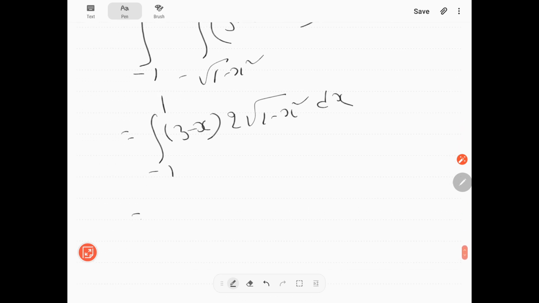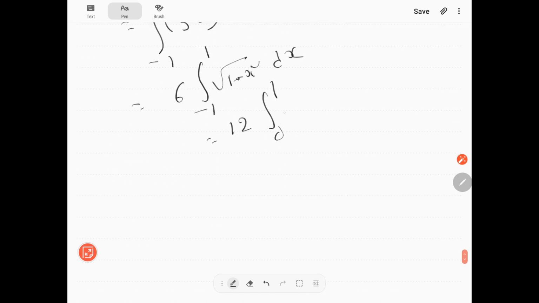So this is 3 twos, that will be 6 times the integral from minus 1 to 1 of root over 1 minus x square, and here x into root 1 minus x square is an odd function, minus 1 to 1 of an odd function is 0. Therefore, only this remains. Again, this is 12 times the integral from 0 to 1 of root 1 minus x square dx.